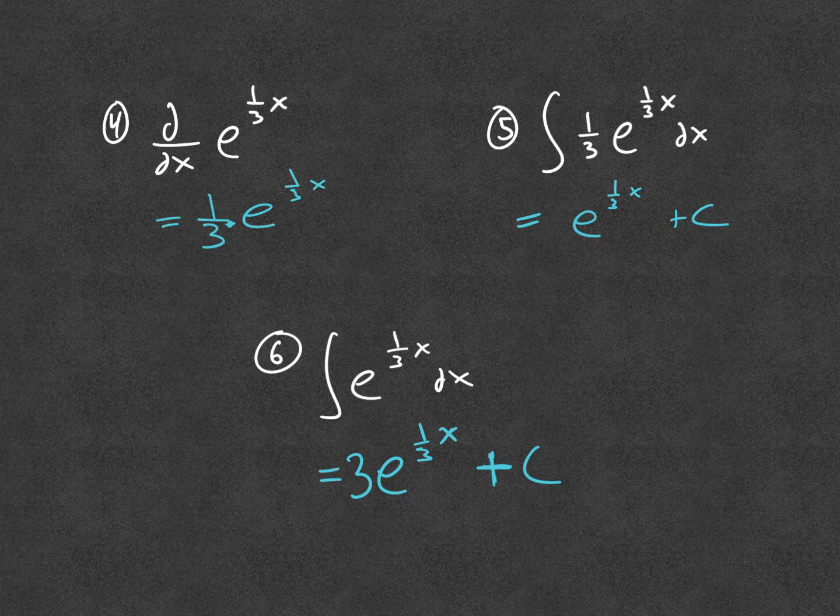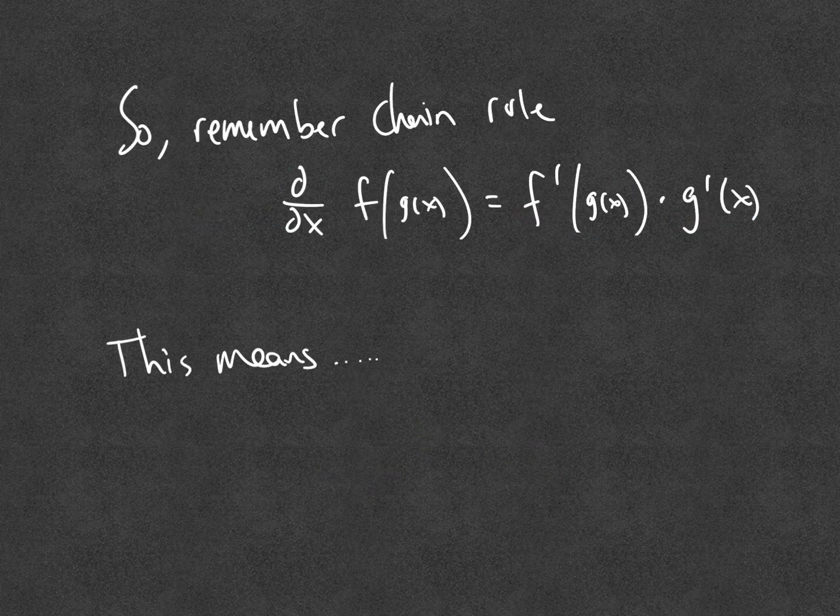So this leads us to the idea of using substitution to help us with more complicated versions of this. If we look at the formula we had for the chain rule, the derivative of a composition f of g of x is f prime, the derivative of the outside at the inside, f prime of g of x times g prime of x.